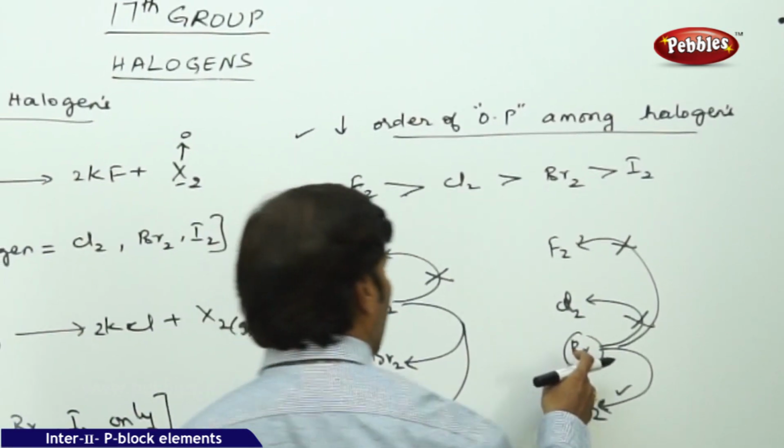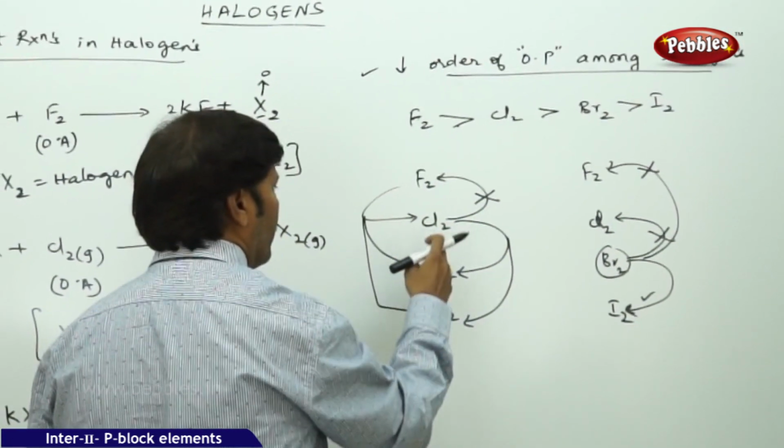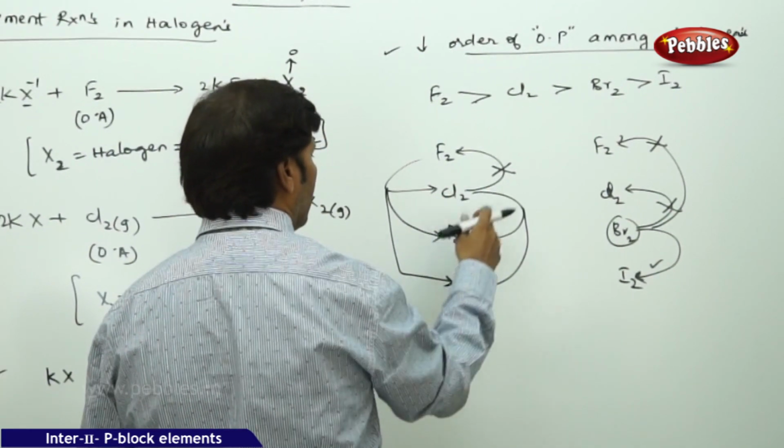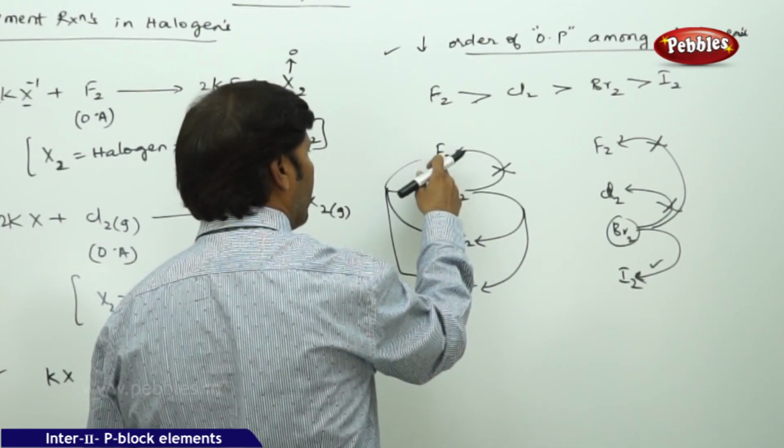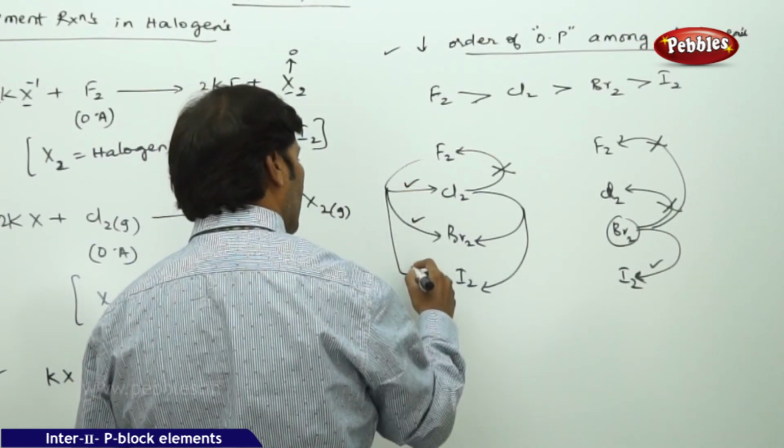Bromine can oxidize iodine, but bromine cannot oxidize chlorine, and it also cannot oxidize fluorine. So bromine can oxidize only iodine, because iodine is below bromine. Similarly, chlorine can oxidize bromine and iodine but not fluorine. But fluorine can oxidize all three: chlorine, bromine and iodine.